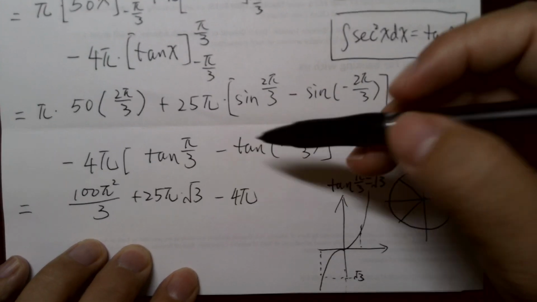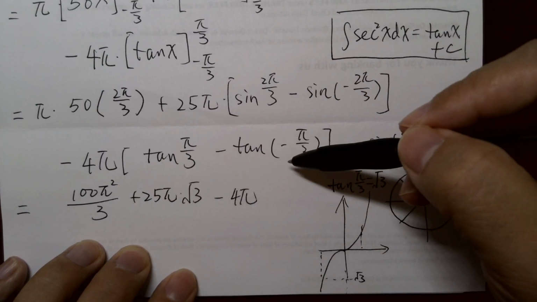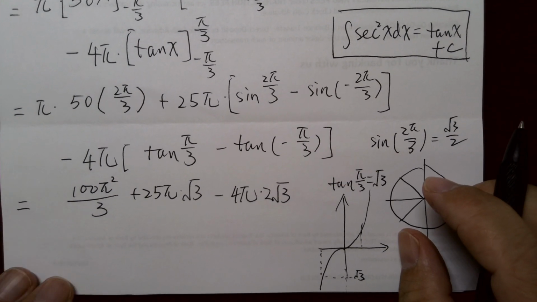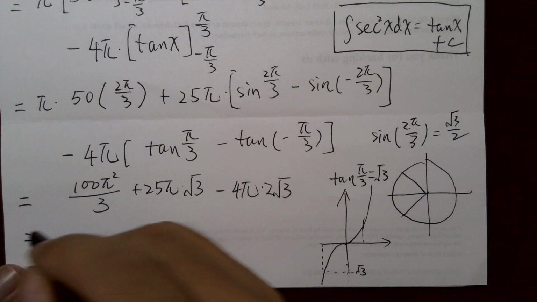So this part is square root of 3 minus negative square root of 3, which becomes 2 square root of 3.